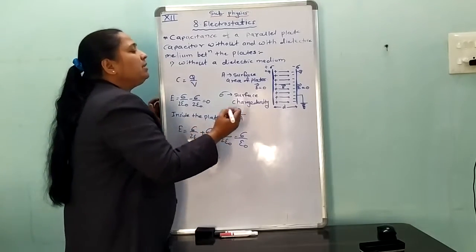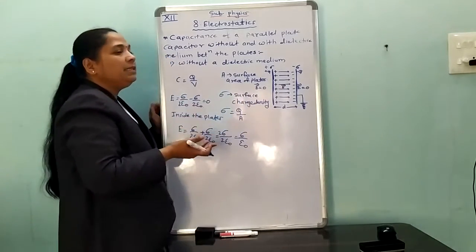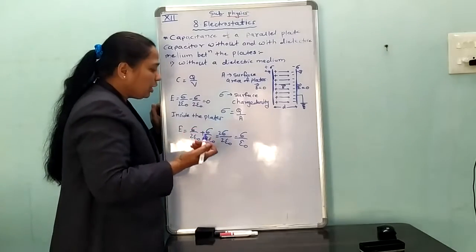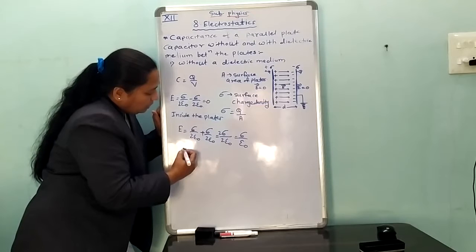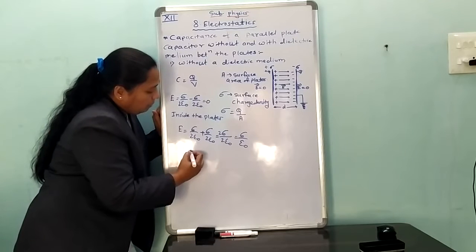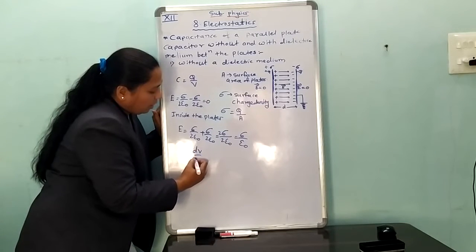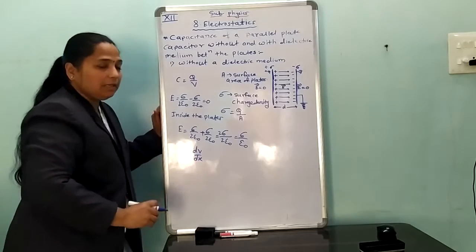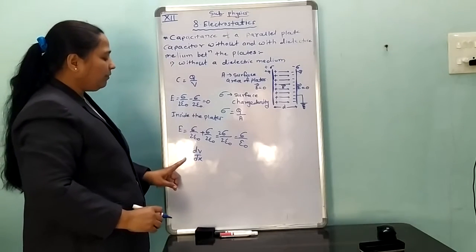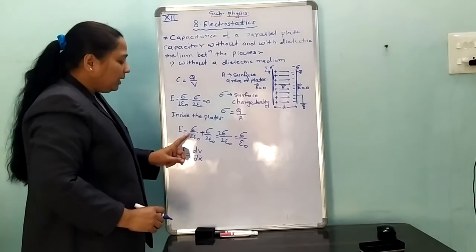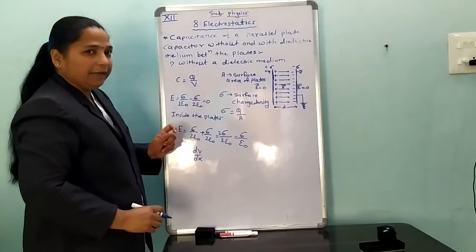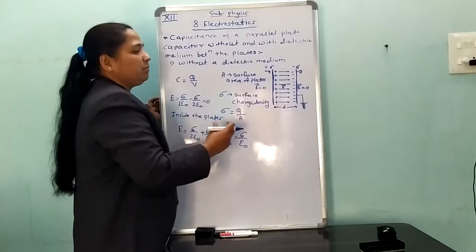Now, what is the relation between electric field intensity and electric potential? In the previous lecture, we studied that E is equal to minus dV upon dx, that is, the electric field intensity is the negative potential gradient, the change of potential with respect to distance.